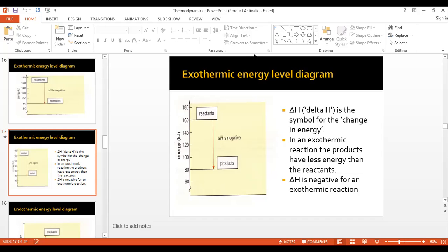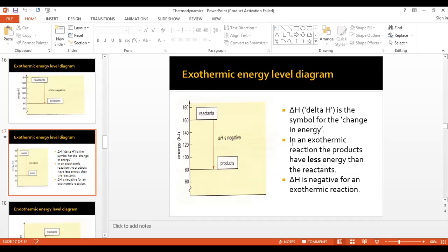But check the product. Here the amount of product is 80, but the amount of reactant is 160. So which one is greater? Reactant, good. And the product is smaller, less.